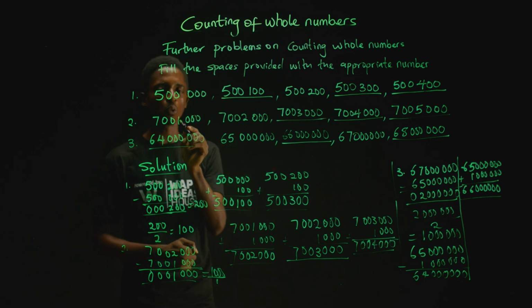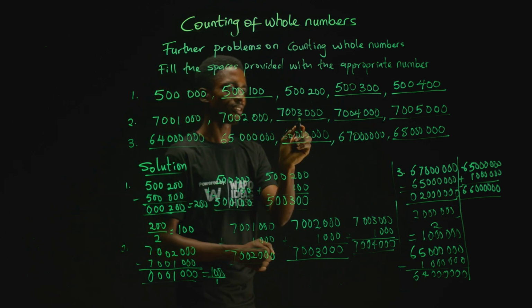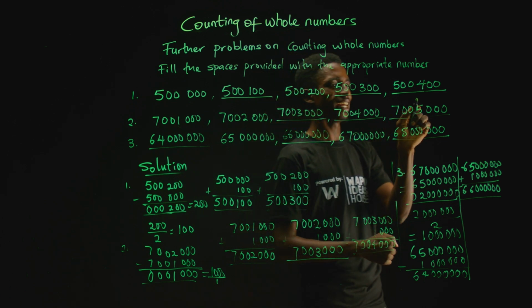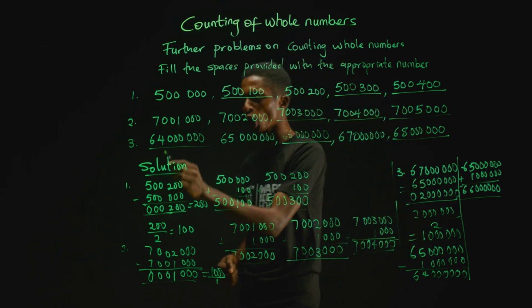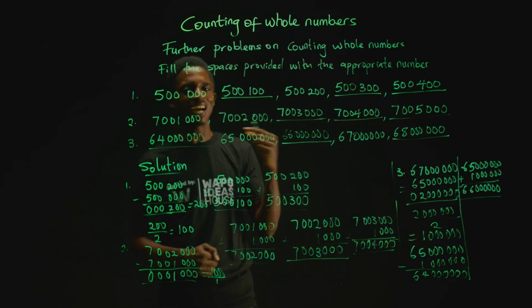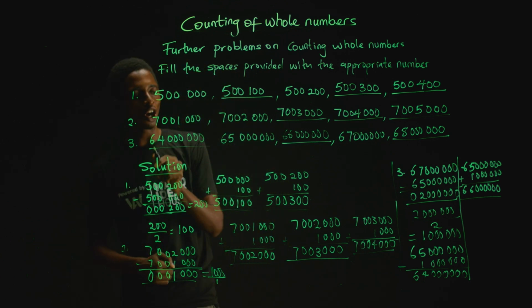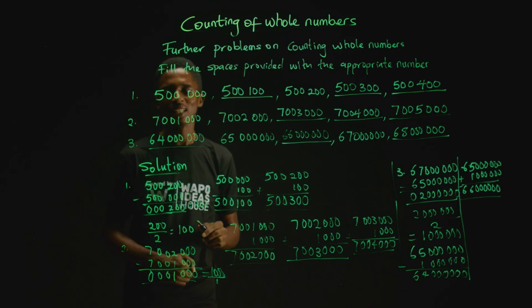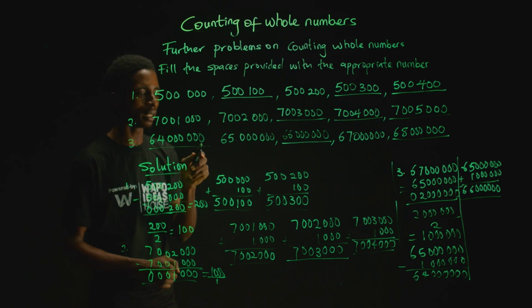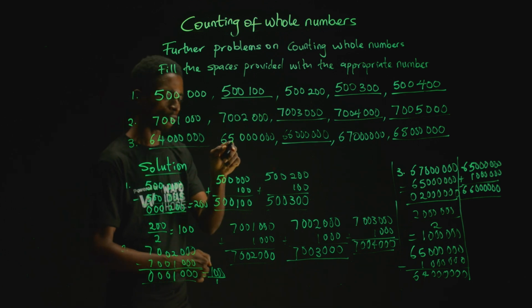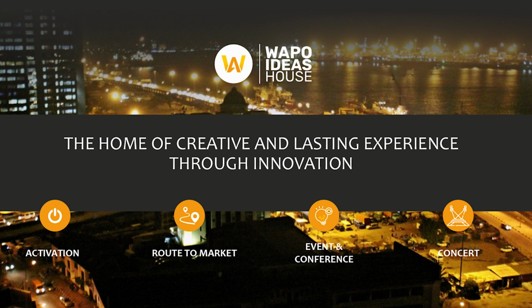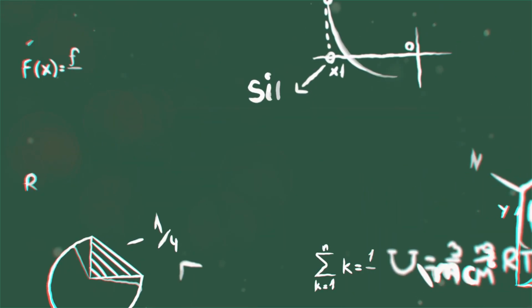That is why we have 1, 2, 3, 4, and 5. And then in the third question, the digit that changed is in the million place value. That is why we have 64 million, then 5, 6, 7, and 8 by addition of 1 in that place value. Thank you.